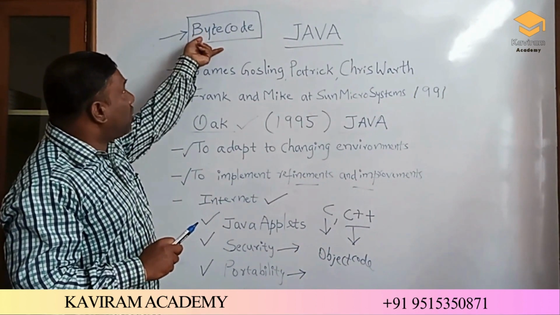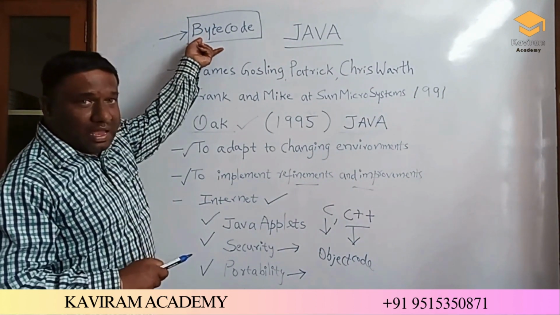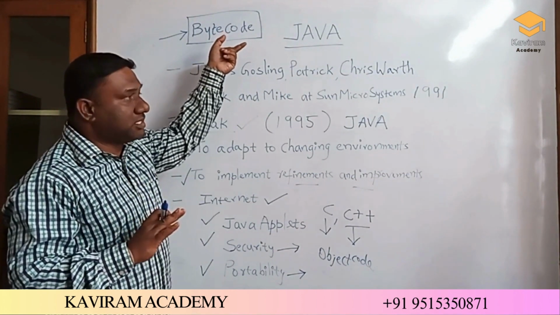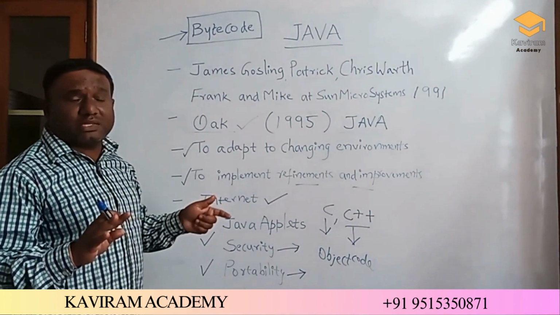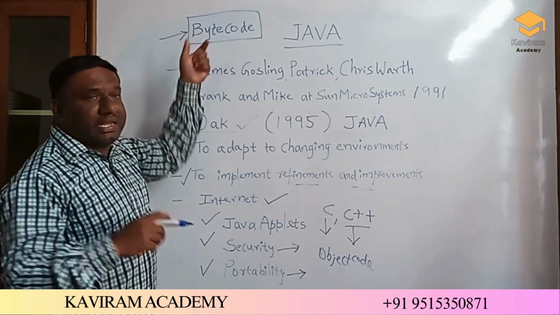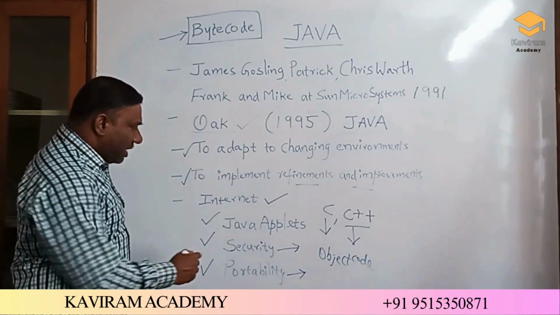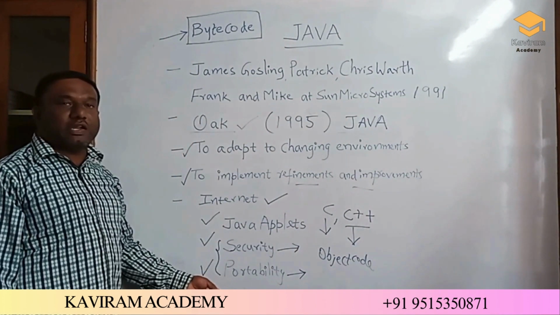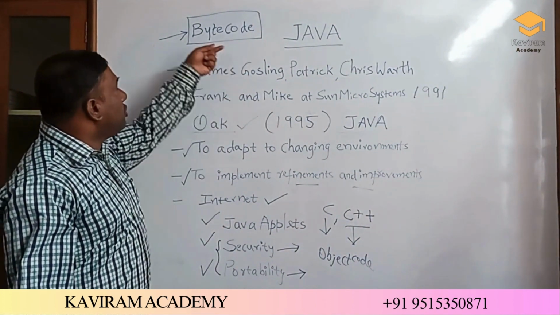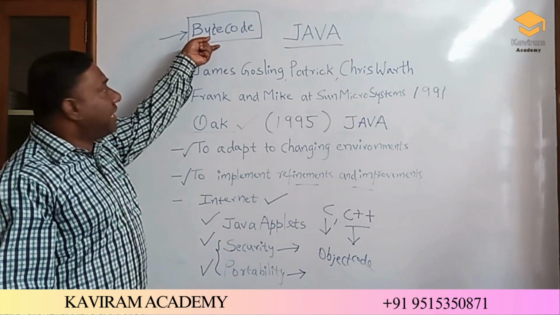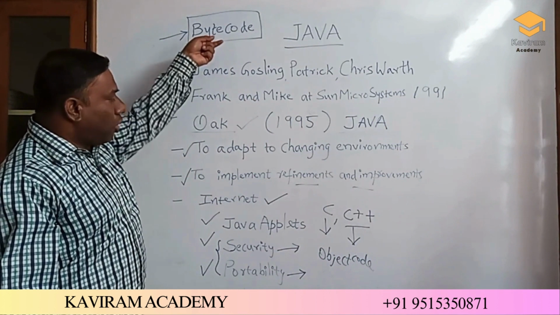So this bytecode can be easily carried, and it can be easily executed if you have a Java environment in your system. If I get the bytecode of a program, I can easily execute it. In this way, these two problems of security and portability have been solved in the Java programming language using bytecode. Whenever I compile my program, I get bytecode, not object code.